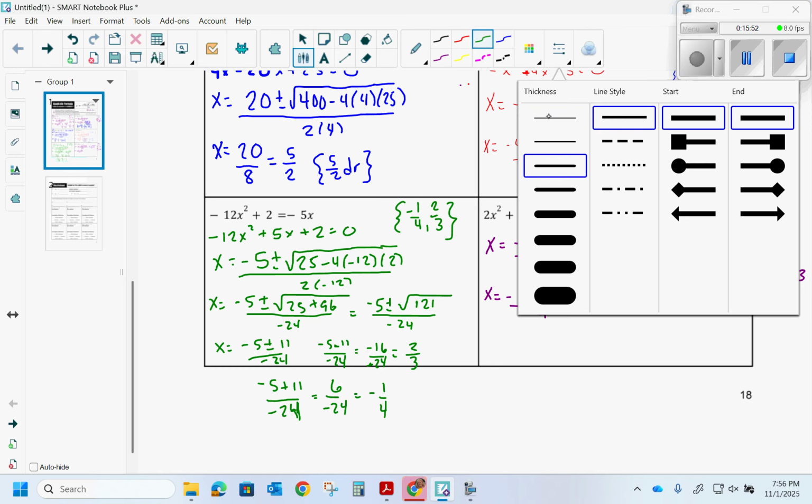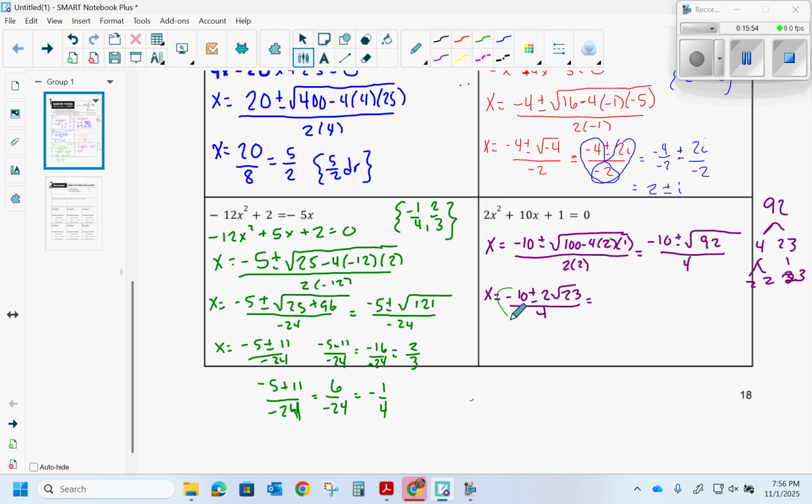I'll show the splitting again. I'm trying not to lose the plus and the minus because we still need that. So negative 10 over 4 plus or minus 2 root 23 over 4. And we can reduce both of these fractions. That's going to be negative 5/2 plus or minus root 23 over 2.